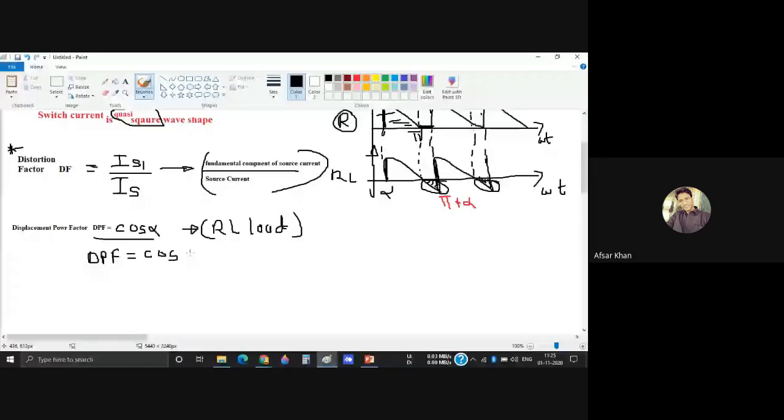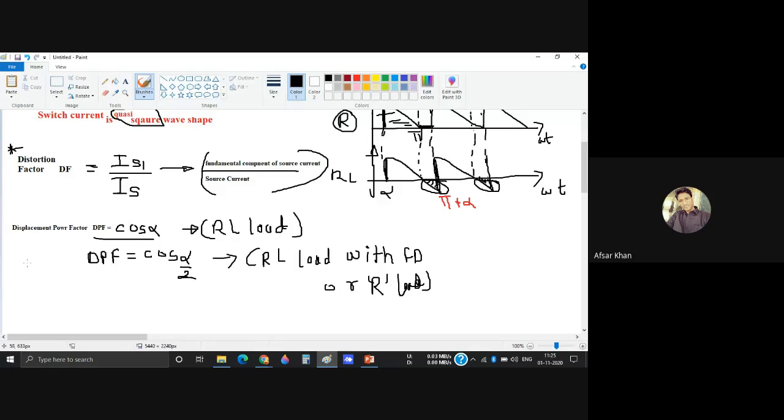This is cos alpha by 2 for RL load with freewheeling diode, or simply only R load. You have to note it down.